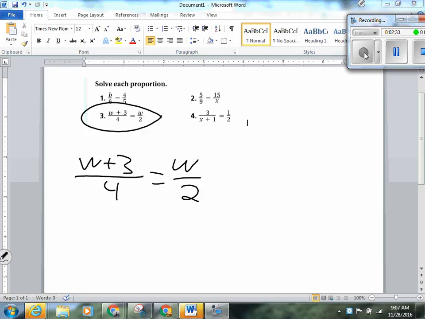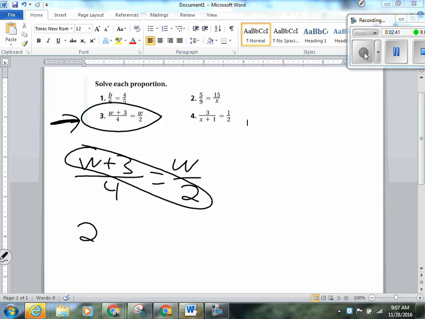Same thing as before. Number 3, we're still going to cross multiply, but it's going to look a little different. I'm going to take 2, and then in parentheses, w plus 3. And then I'm going to take 4 times w and put that on the other side.